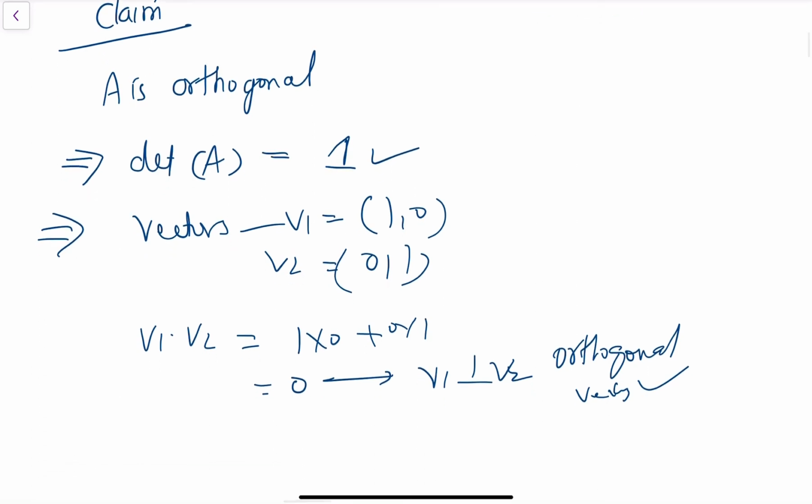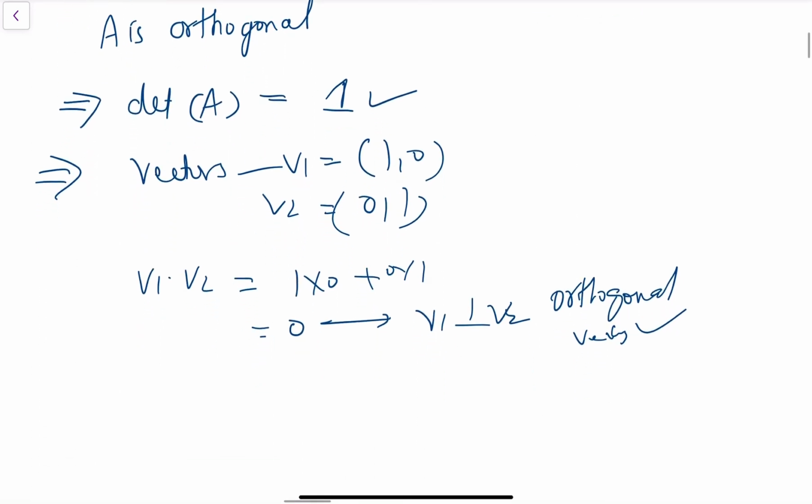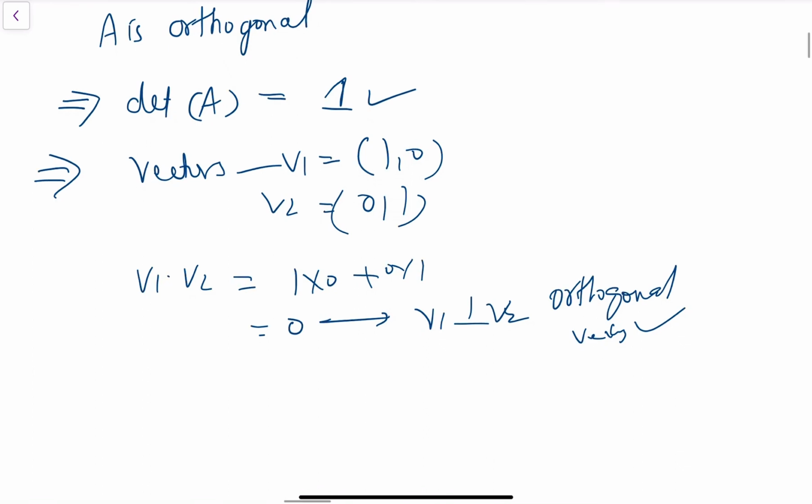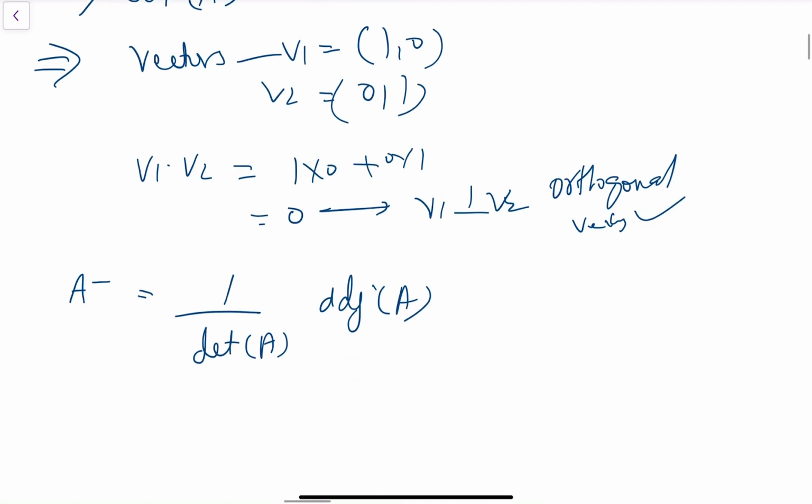Now let us talk about the final and the most important claim. Let's find the inverse, A inverse. A inverse is 1 upon determinant A times adjoint A. Now this is a 2 cross 2 matrix, so you can obtain the adjoint easily by exchanging the diagonal elements and changing the sign of the off-diagonal elements.